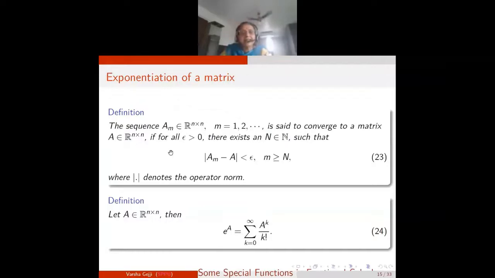Consider a sequence of matrices A_m, which are n cross n real matrices. They are said to converge to a matrix A if there exists a capital N such that the difference A_m minus A, in the operator norm, is small. You know, a matrix is an operator, and you can have a matrix operator norm. So a little bit of functional analysis is required.